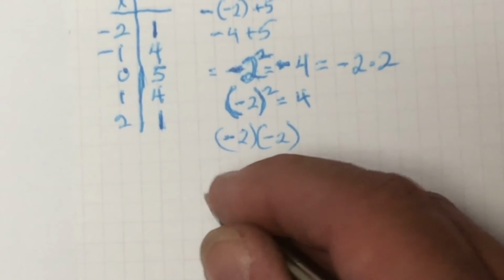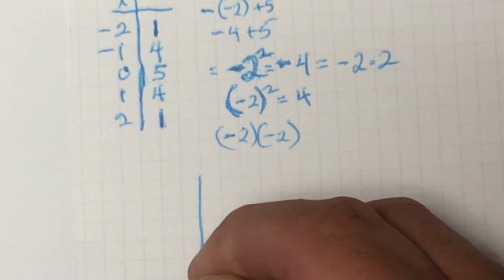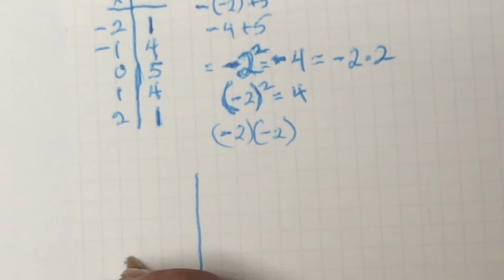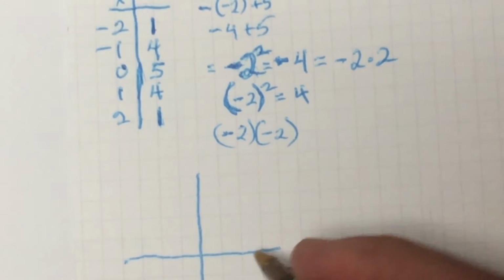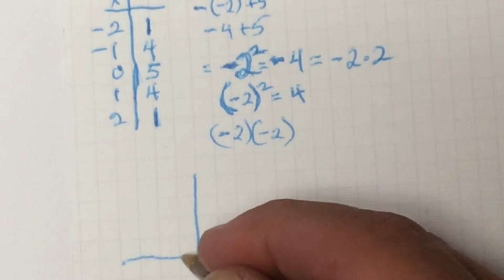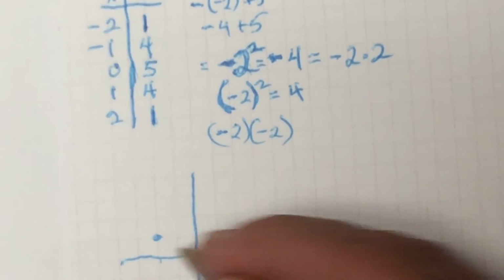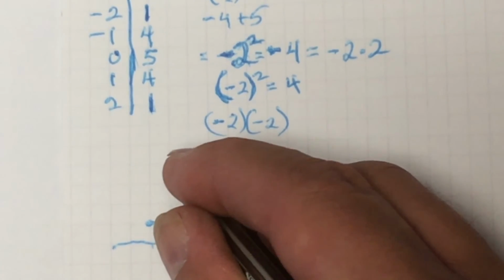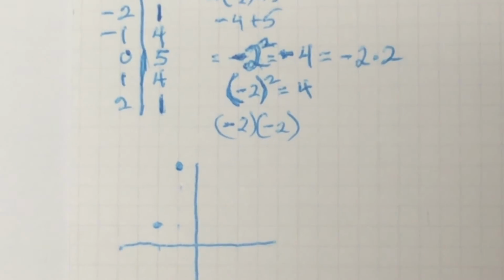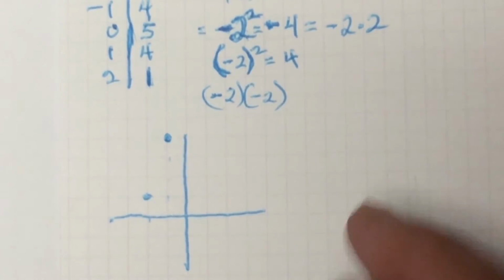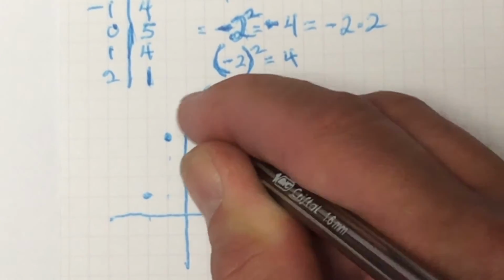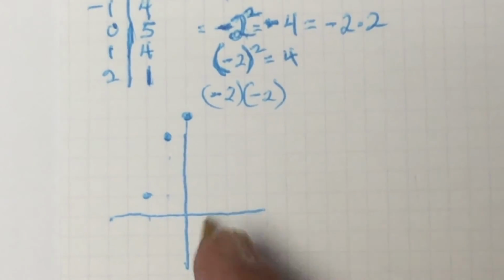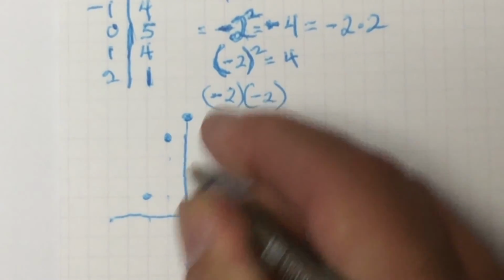Well, if you're doing a rough graph, you say, well, okay, negative 2, positive 1 goes here. Negative 1, positive 4, 1, 2, 3, 4, goes here. 0, comma 5, that's going to go up here. 1, comma 4 goes here.